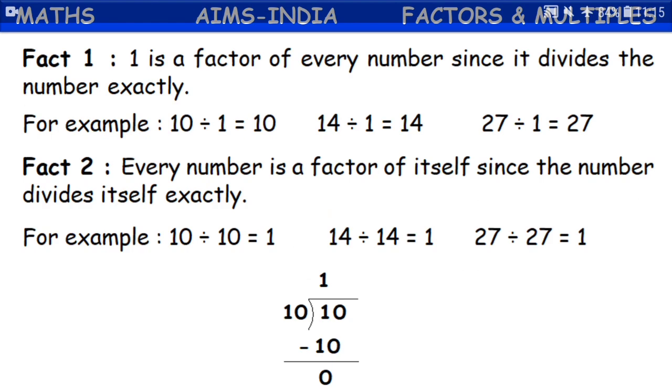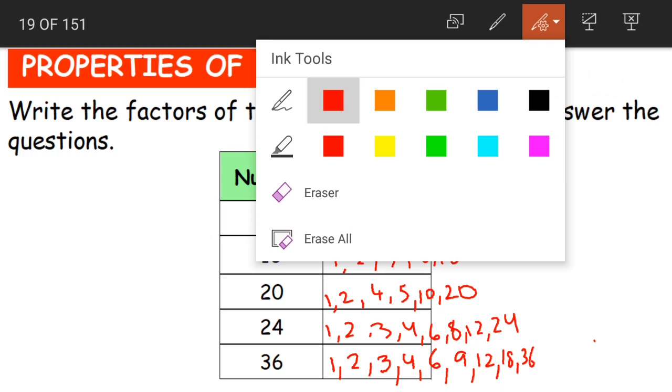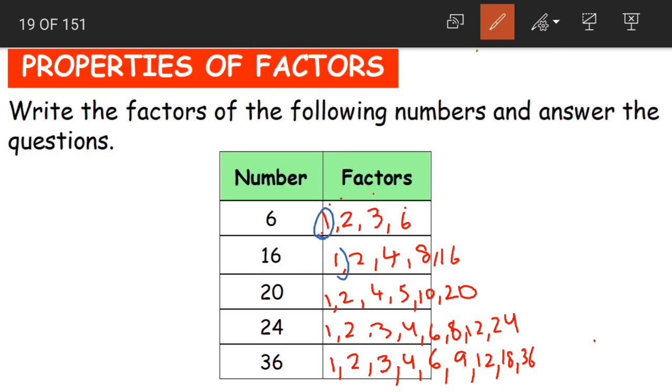Now coming to multiplication facts. Fact number 1. 1 is a factor of every number since it divides the number exactly. See, even if you observe the given factors, 1 is a factor of every number, children. Even without thinking, you can write 1 in the list of factors.